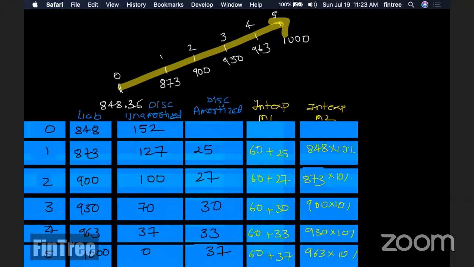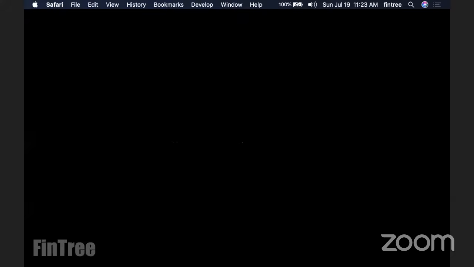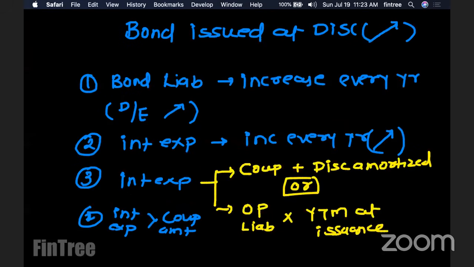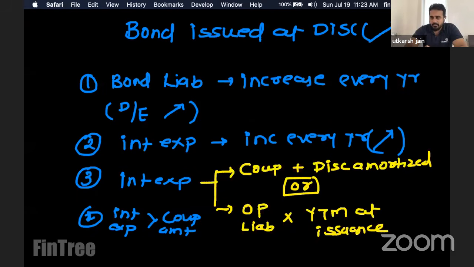Shruti wants to know what's the method 2. Shruti, this is method 2. The interest expense can be calculated in 2 ways. One is coupon plus discount, or opening liability. That means the closing liability of last year multiplied with YTM at issuance, the original YTM of 10%.